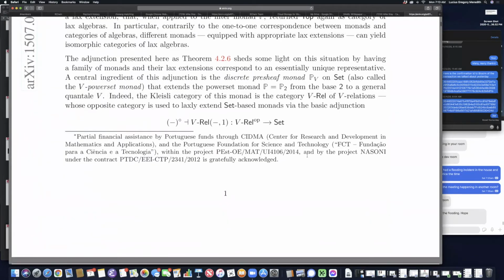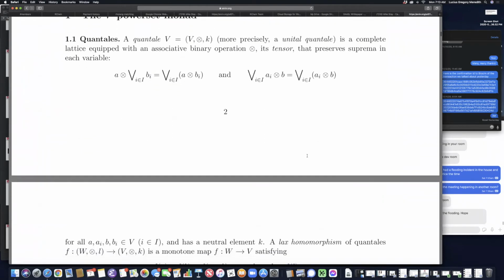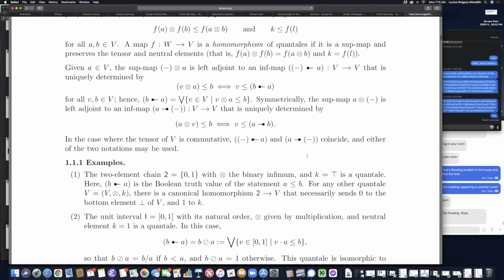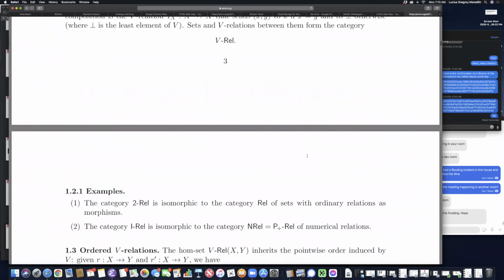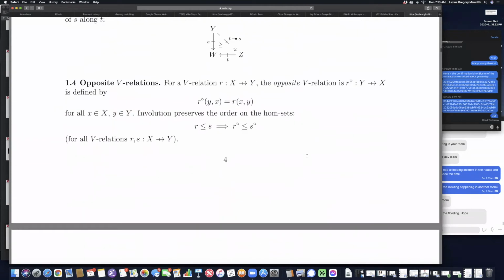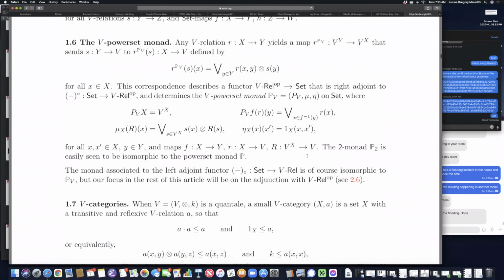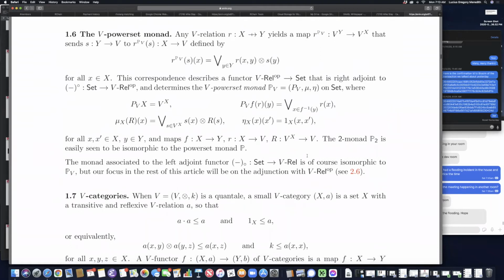Let's see if I can find the basic. I mean, I can write it down. I just wanted to see if I can remember where it is here. Yeah, their language is going to be a little bit tough for this crowd. So here's the.